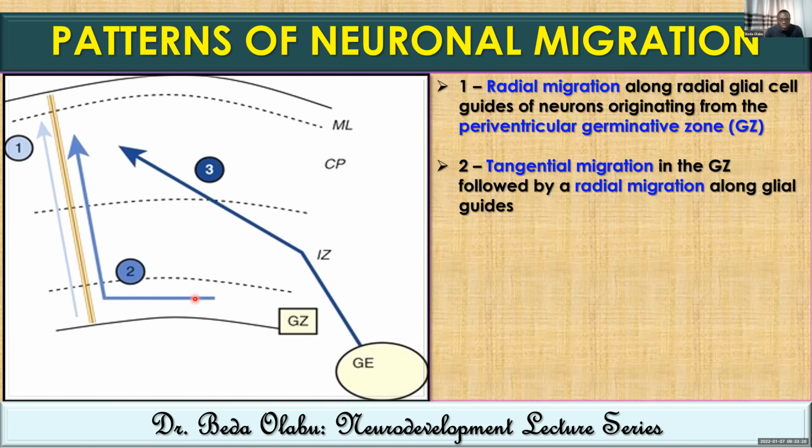So that's tangential migration. But what do you notice? Most of these neurons that have tangential migration eventually also have radial migration paths. So they are coming from the germinal zone, migrating this way, and eventually they migrate that way.